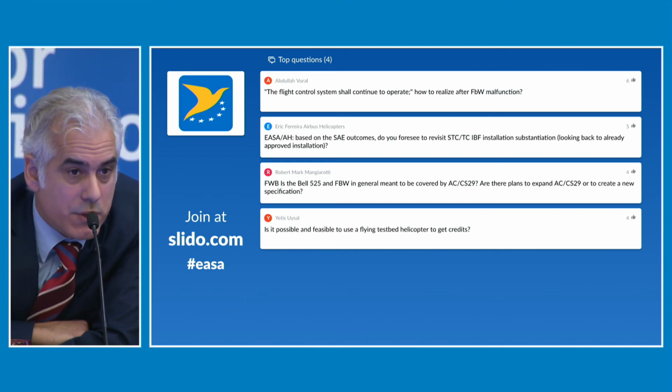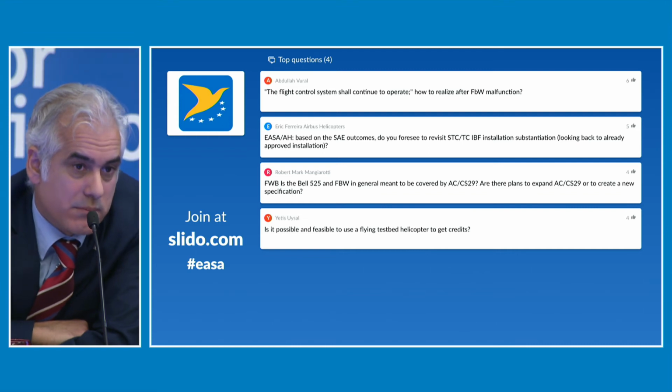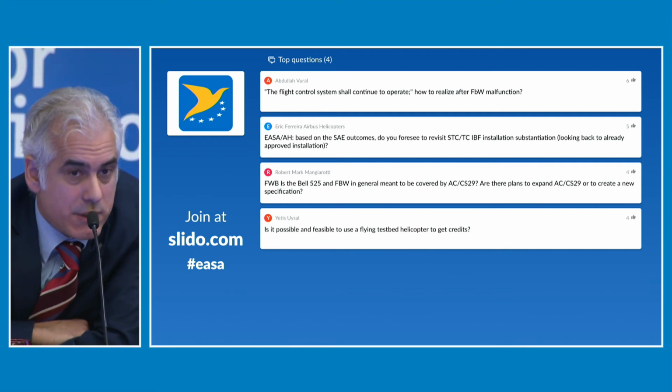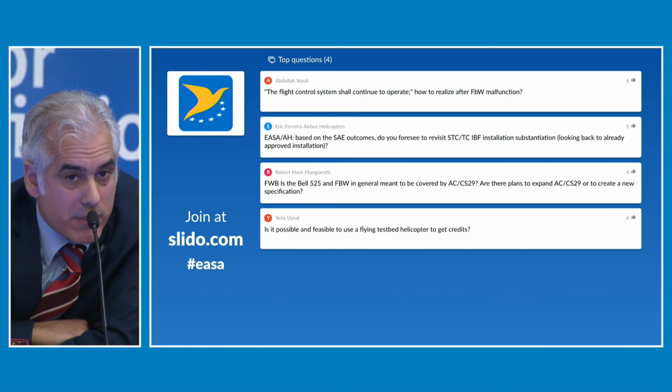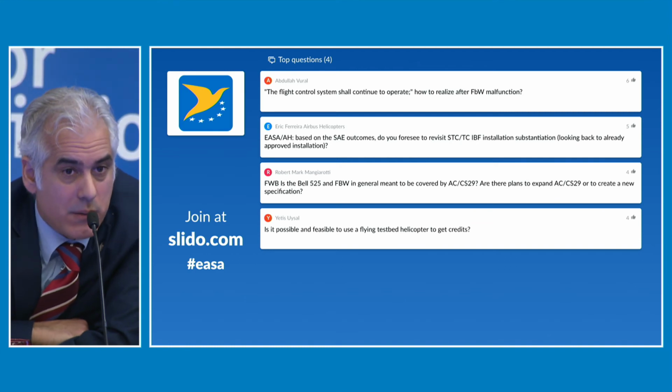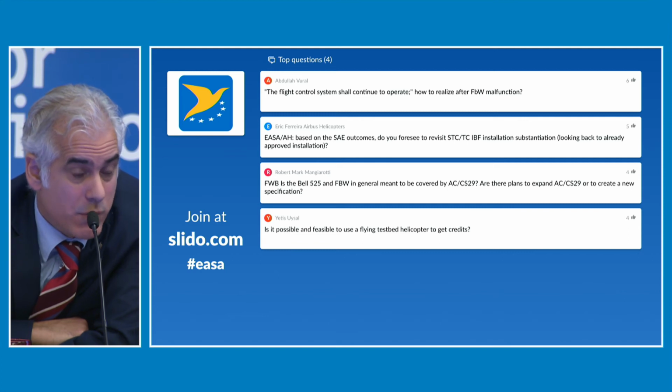It must have certain probabilities, certain protections, but by no means are we talking about total fly-by-wire loss or malfunction. We're not talking about total, we're talking about partial. If you lose the fly-by-wire, you lose the aircraft, full stop.